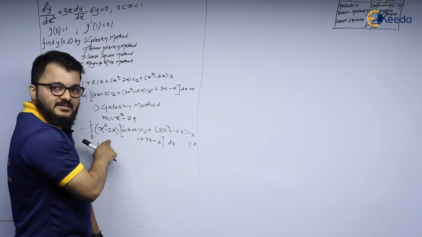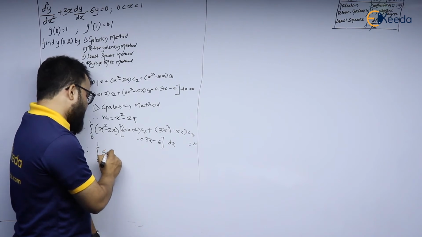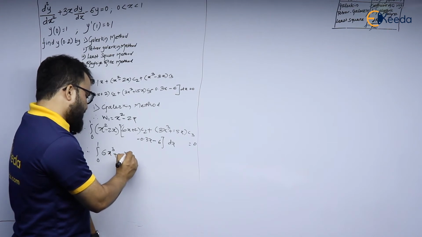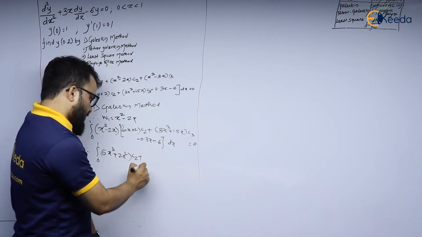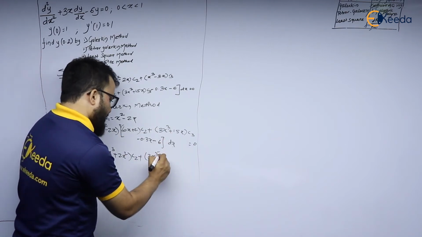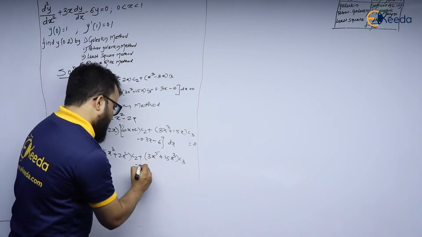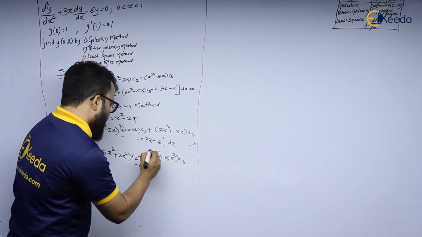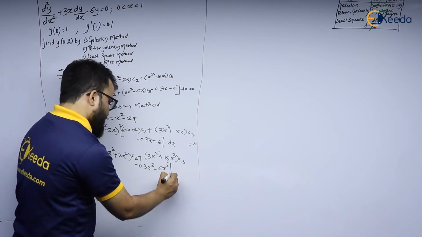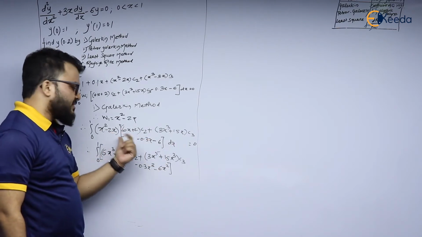Multiplying by x square, 6x into x square becomes 6x cube, then 2x square into C2, plus 3x raised to 5, and 15x raised to cube C3, minus 0.3x cube minus 6x square. So this is my one bracket. I multiplied x square throughout this equation. Now I multiply 2x throughout this equation.